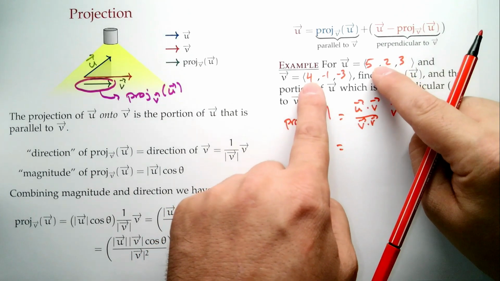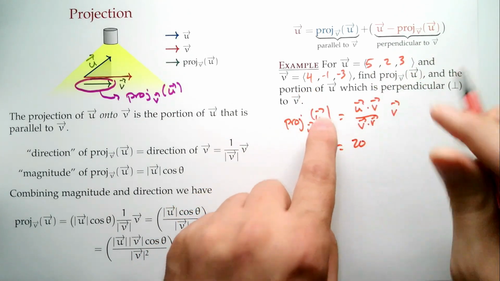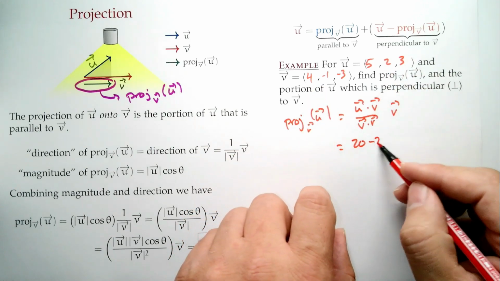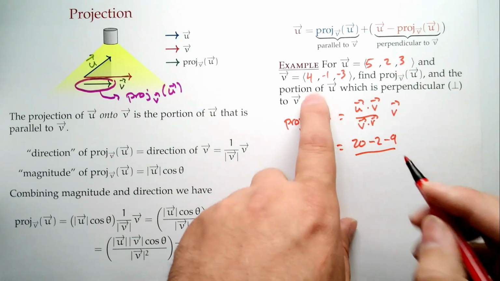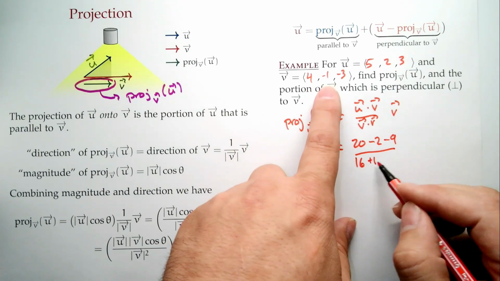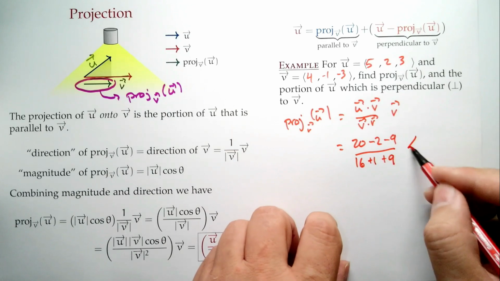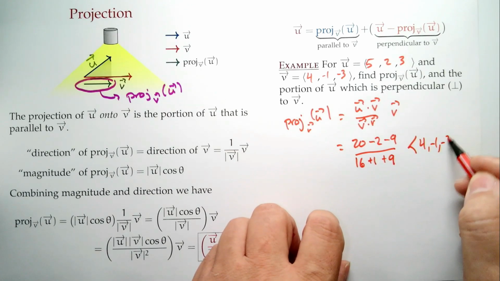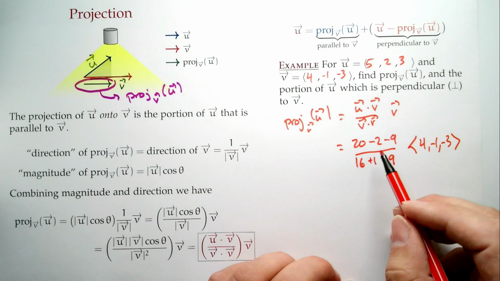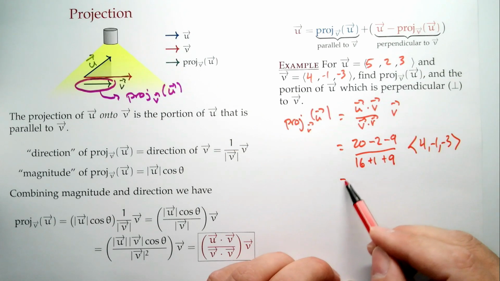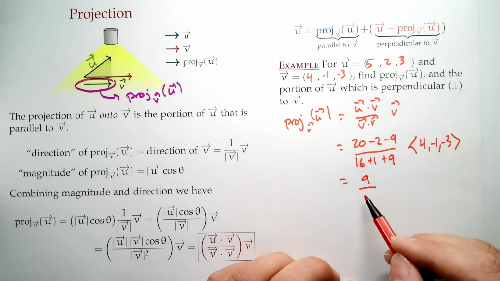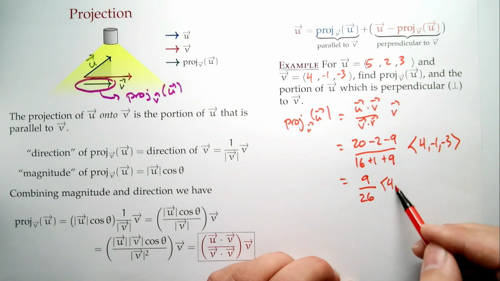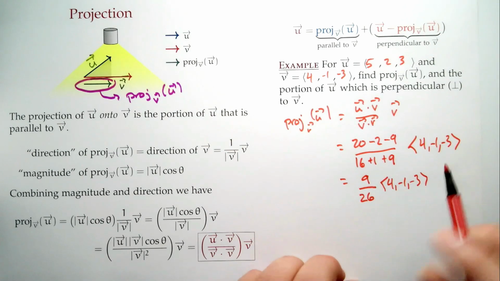U dot V, so that's 20 minus 2 minus 9, over V dot V, 16 plus 1 plus 9, times V, 4, -1, -3. So 20 minus 2 minus 9, that's 9. 16 plus 1 plus 9, that's 26. And 4, -1, -3. So there's the projection.